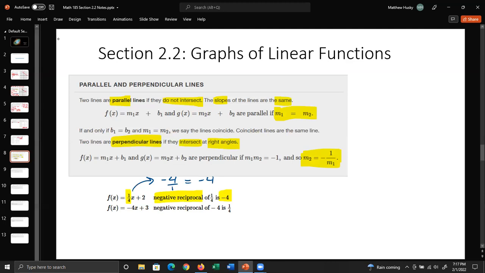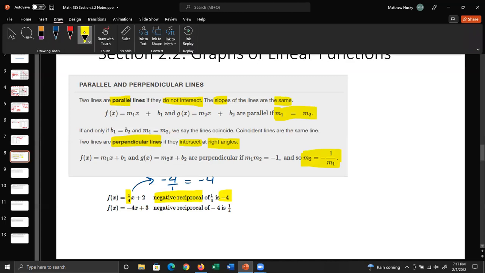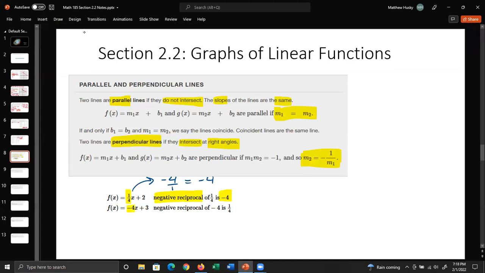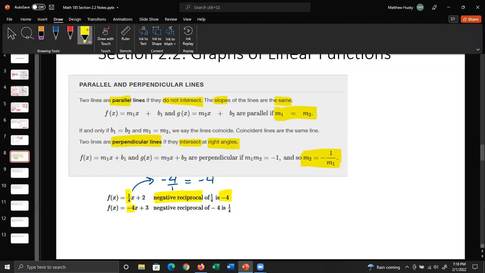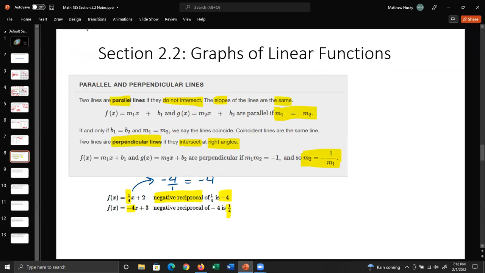So you have to do the negative reciprocal. For the other one, if I start with -4, you switch it over to a positive, and then take the reciprocal of 4, which is 1/4. So you have to flip the fraction over, and then you have to change the sign. You do negative reciprocals, and that gives you slopes that will be perpendicular.